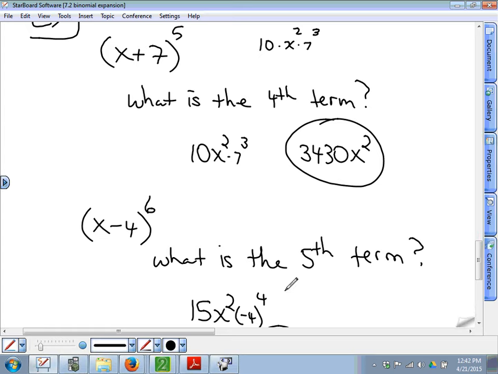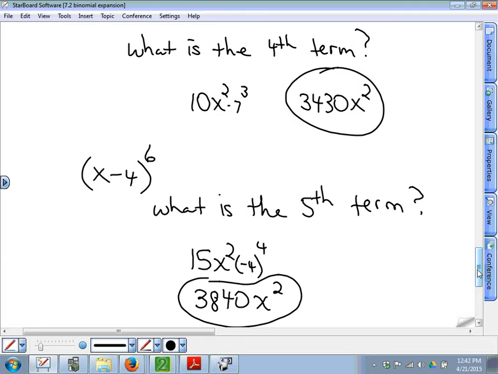And then by the time you get to the 5th term, x has a power of 2 in that case. And if x has a power of 2, that means negative 4 has a power of 4. Negative 4 to the 4th power is 256. If you multiply that by 15, you get 3,840 x squared.